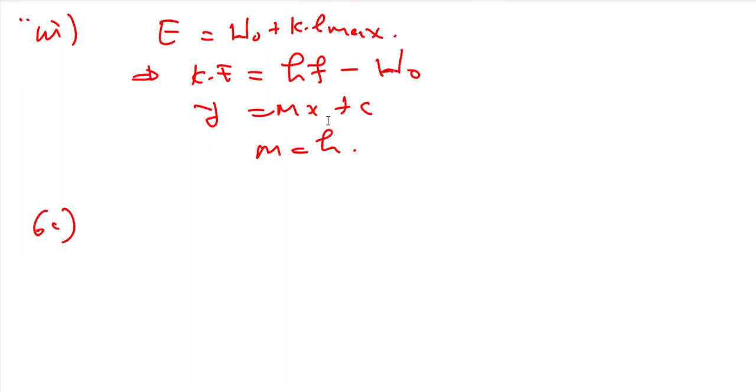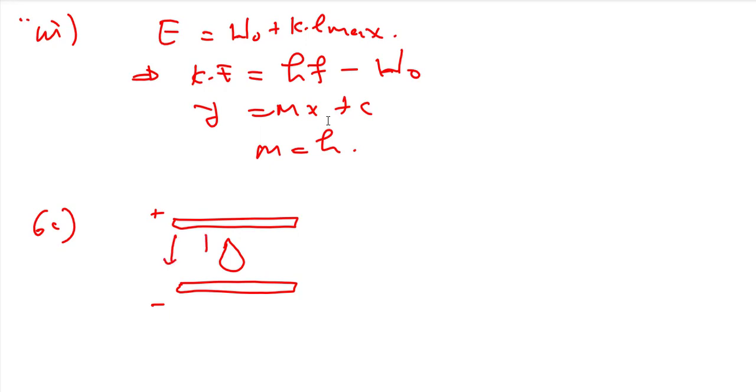What do we have? We have two plates, and I have my drop between the two. I'm going to call this a positive plate and that a negative plate. So that's the direction of my field, and this is the weight mg. Now the magnitude of the electric force, EQ, should be equal to mg.